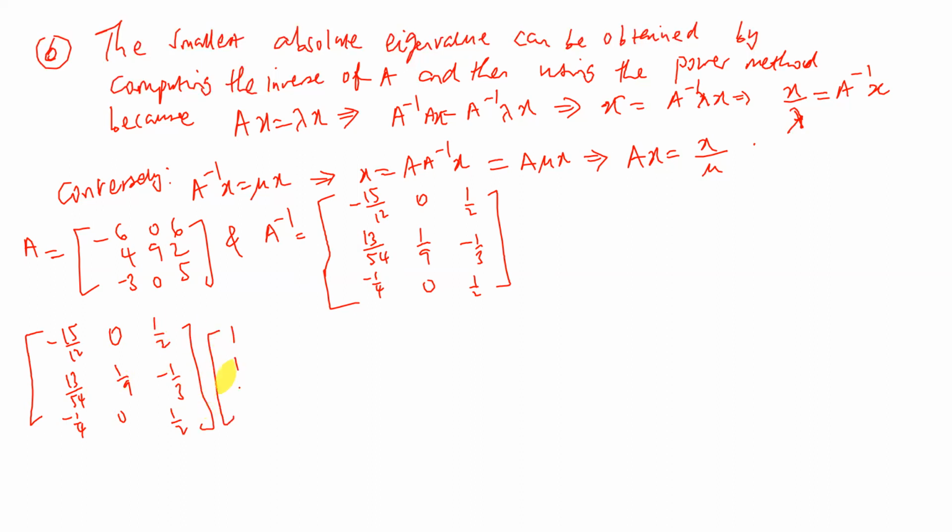We start with this. They told us to start with the 1, 1, 1 vector. If you multiply everything using a calculator, you'll get 0.0833, 0.0185, to 4 decimal places, and 0.2500.